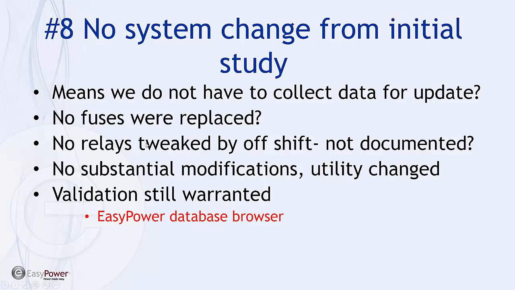Are you sure no one tweaked any relays during an off shift and didn't document that? Both of these could potentially reflect substantial modifications, and frankly, the utility may change in the 5 years that you've been in operation without telling you. Are you sure that's not in fact impacting your validity and accuracy?